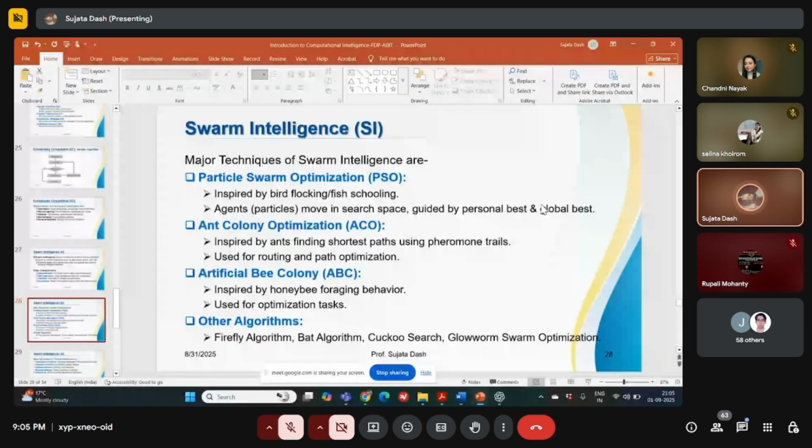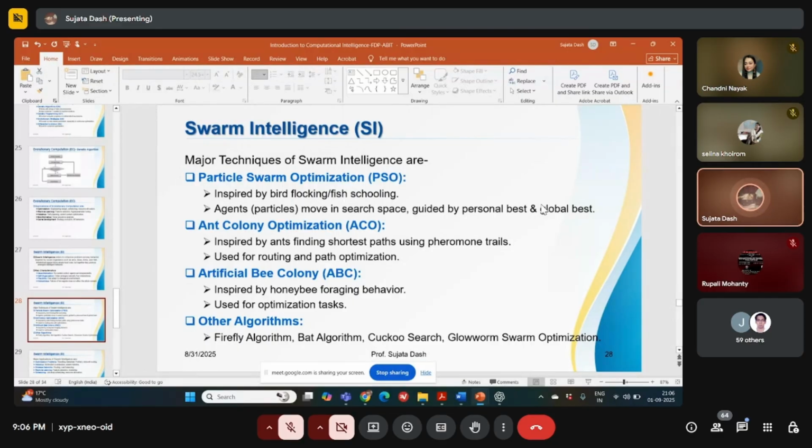Then the major techniques are particle swarm optimization, inspired by bird flocking or fish schooling. Here the agents or the particles move in space guided by personal best and global best. Second one is ant colony optimization, which is inspired by how ants lay pheromone trails to find the shortest path to food.